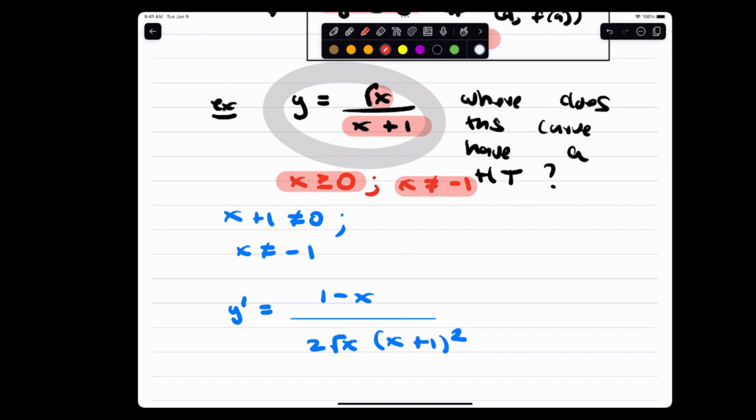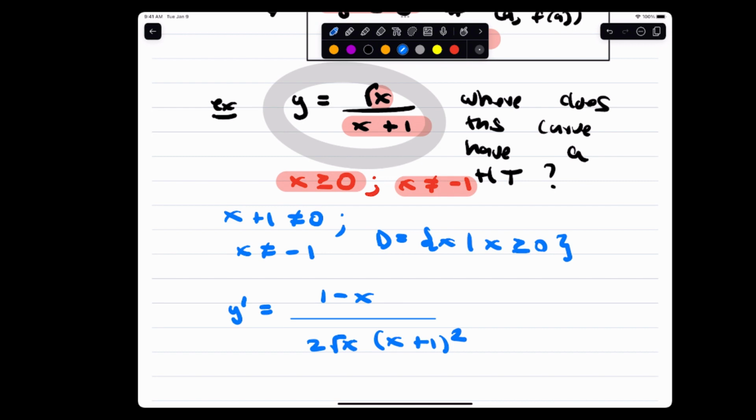So the domain here is really the set of all values of x such that x is greater than or equal to 0. Why don't I throw out negative 1? Because if the values of x that we can use are positive or 0, negative 1 is out.